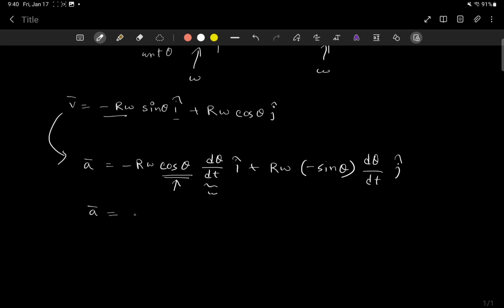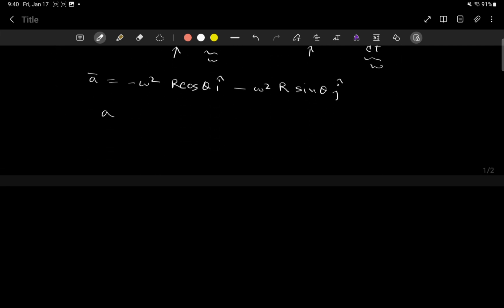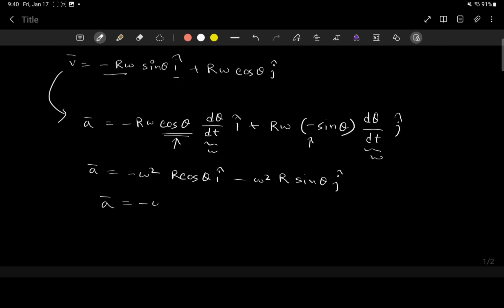I can take the omega squared out, right? Minus omega squared r cos theta i cap, and we see another minus here, so minus omega squared r sin theta j cap. By some careful observation, you can see that we can take omega squared as a factor, and you already know what this is: the radius vector, right?